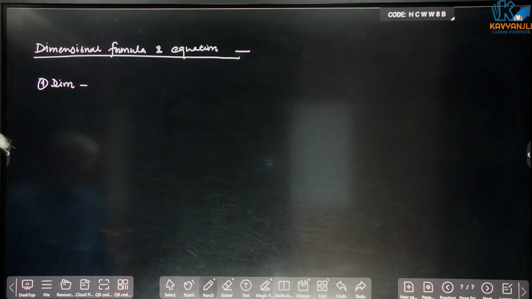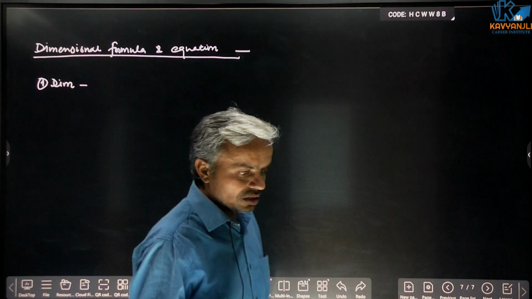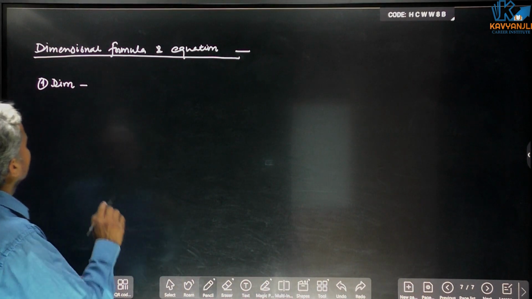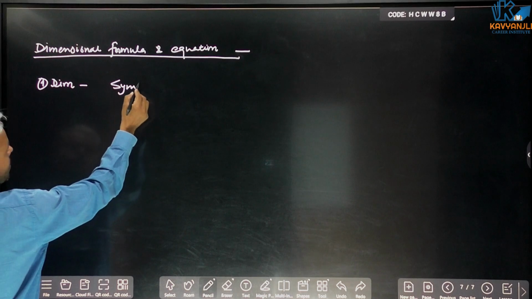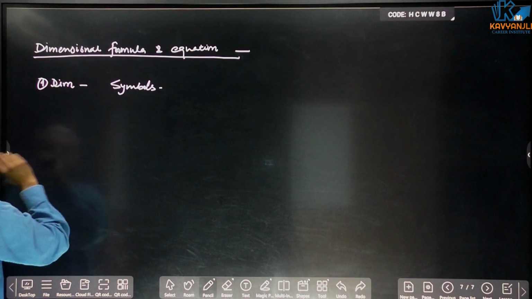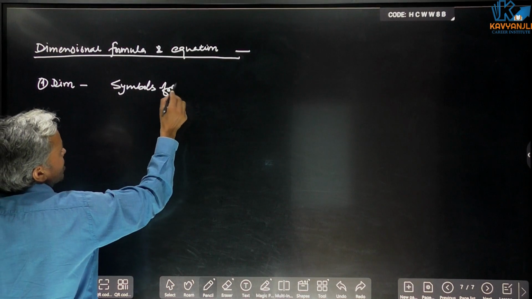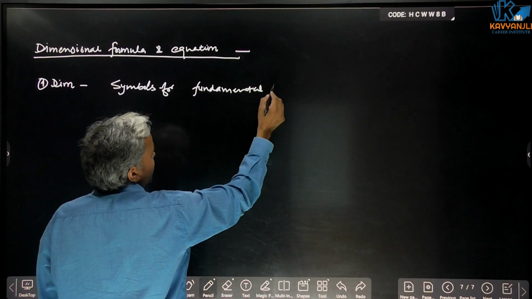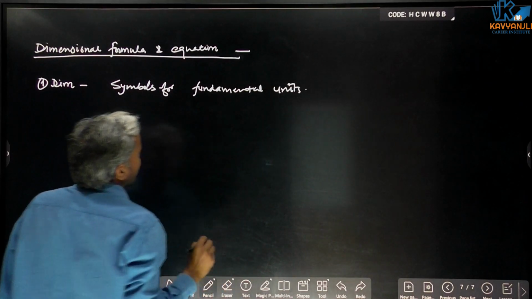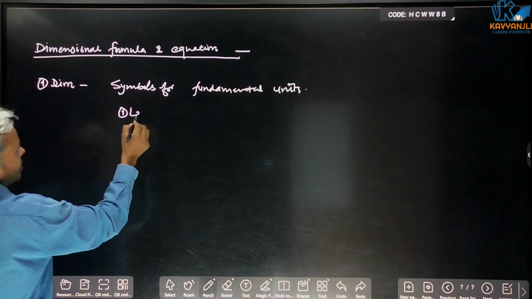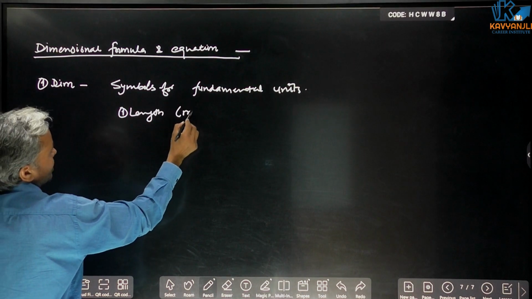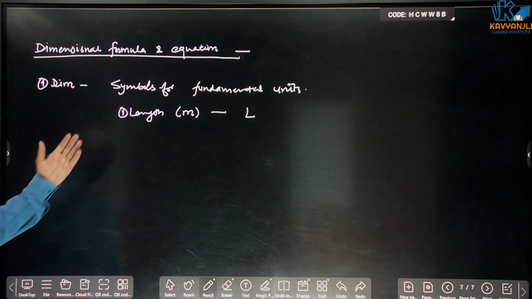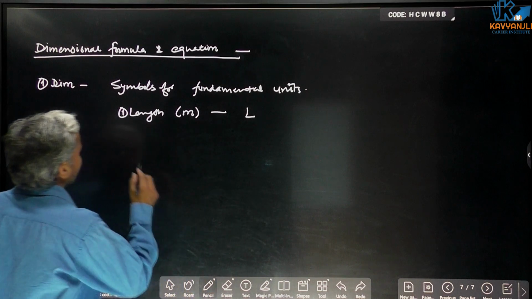What are the dimensions? So dimensions are symbols for the fundamental units or fundamental physical quantities. So first physical quantity we have is length. Its unit is meter. The symbol is capital L.